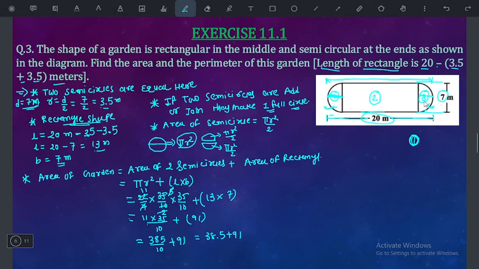Adding 38.5 to 91.0 gives 129.5. So the area of the garden is 129.5 meter square.